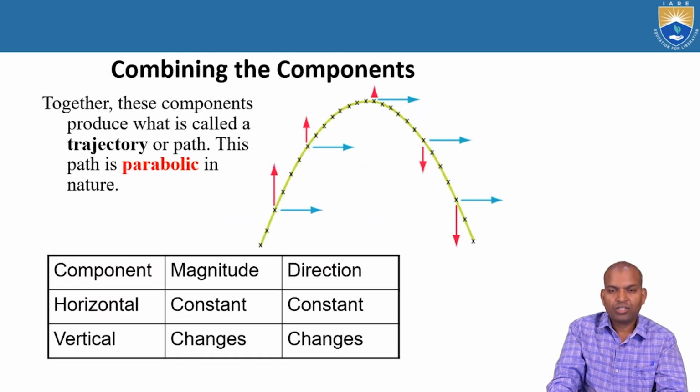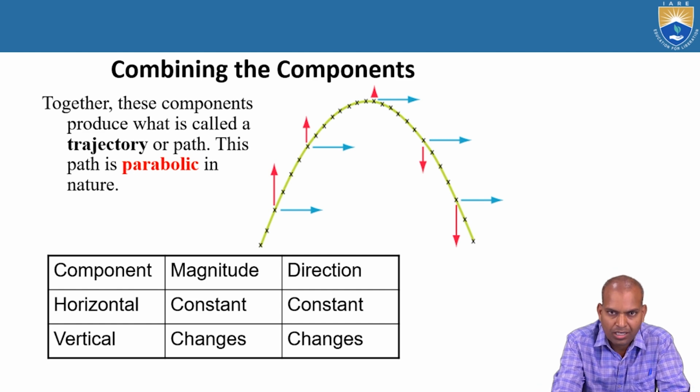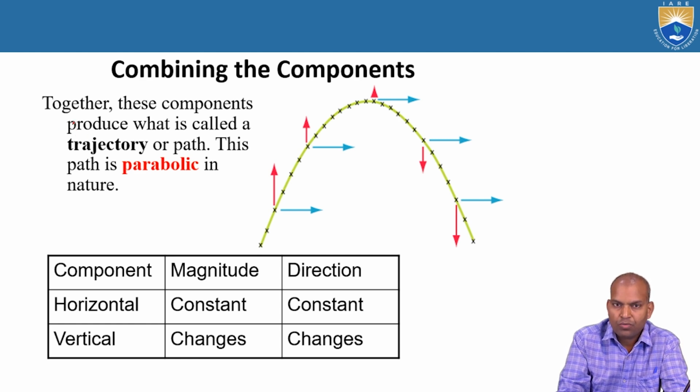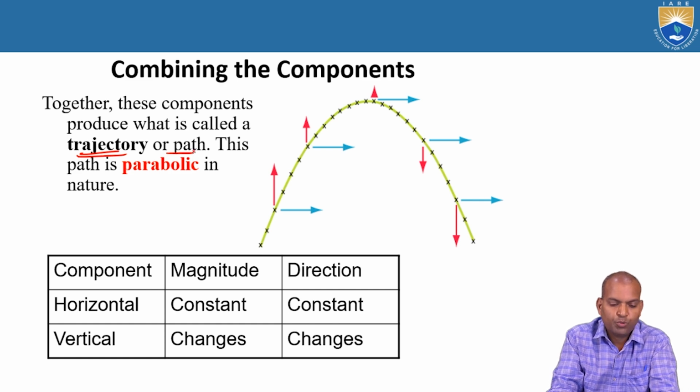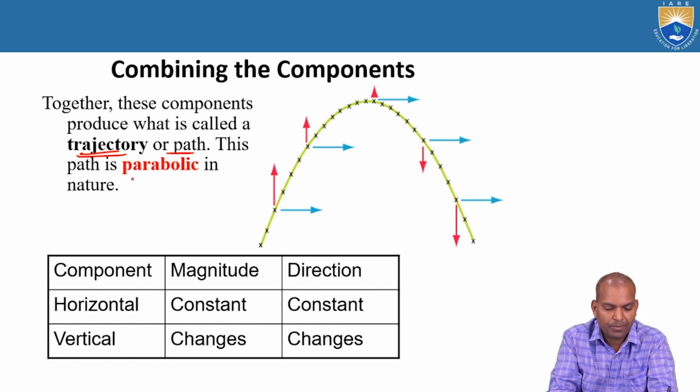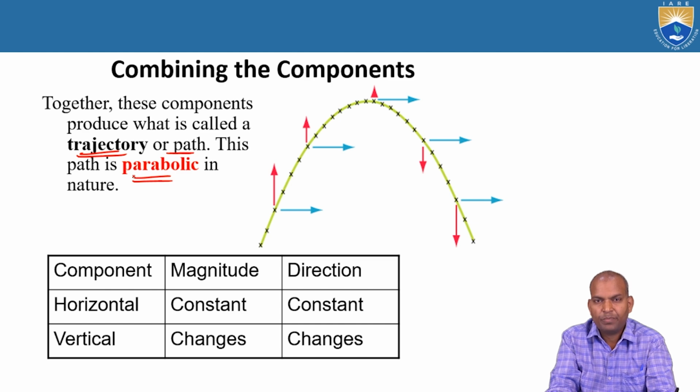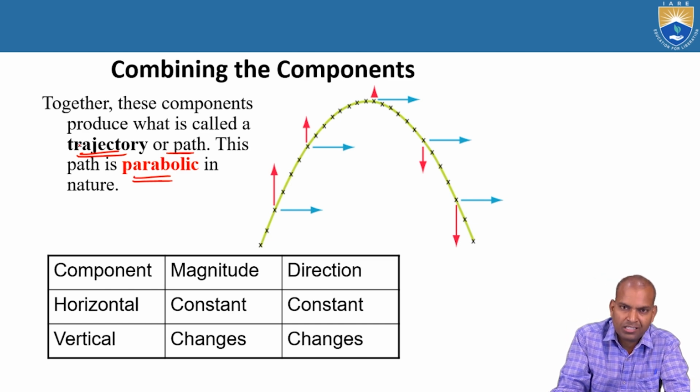Now by combining the horizontal and vertical velocity components, what happened here? Together these components produce what is known as the trajectory or path. In nature, the trajectory of a projectile is parabolic.